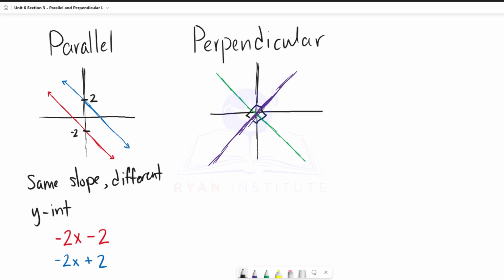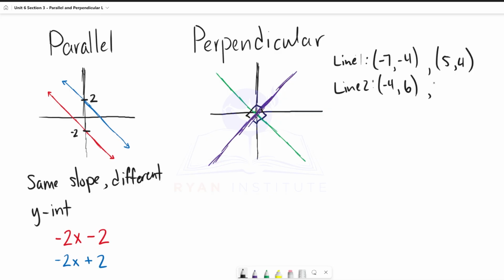Or sorry, I should probably take 4. Line 1 has coordinate points -7, -4, and 5, 4. Line 2 has -4, 6, and then it has 6 and -9, right?